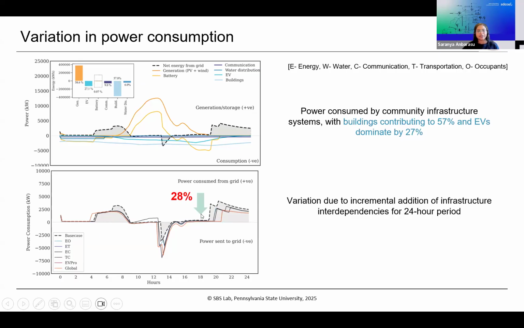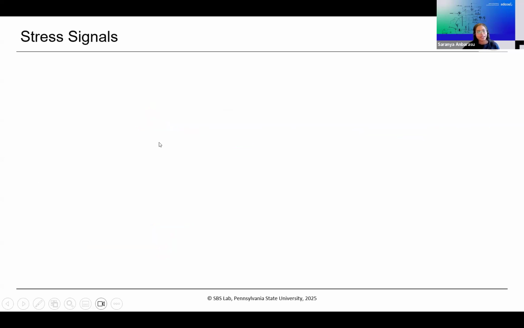So if we don't consider them, we would be overestimating our energy. That's what it means. And we also see that during the peak periods, like the commuting hours or early in the morning, there are larger differences between the baseline and the interdependency cases. That's what we saw. This is not just going to be a 24-hour simulation.